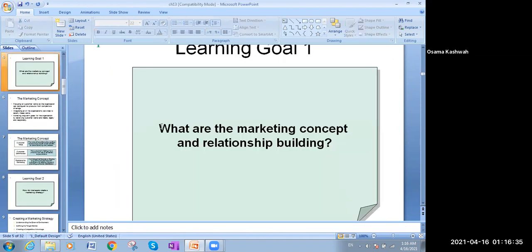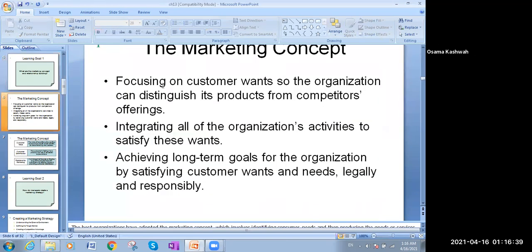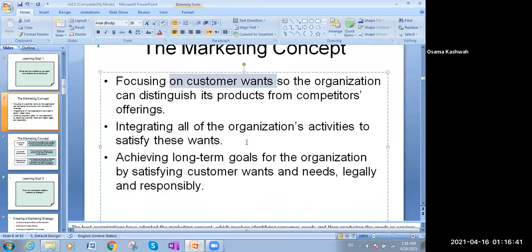What are the marketing concepts and relationship building? Focusing on customer wants. We always say in marketing that marketing starts with the client and ends with the client. So the client, wherever you go, is your focus point as a seller or as a producer, because you are trying to produce or sell the product that will satisfy the consumer's needs to the maximum extent.